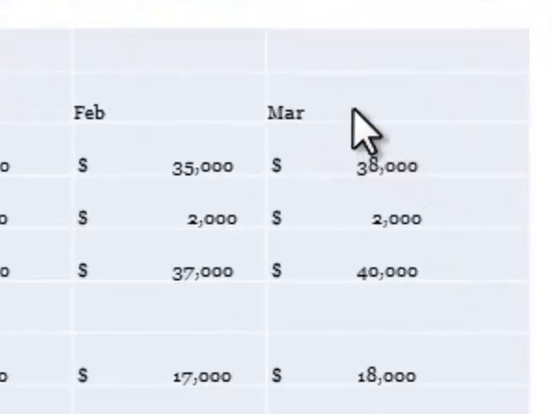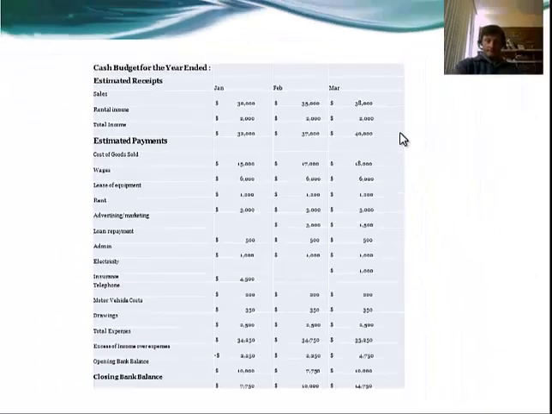For example, in March we may have had an actual total income of 30,000. So we thought 40 and the actual was 30. Why was that the case? And that must be explained and the budget adjusted accordingly for the future months.